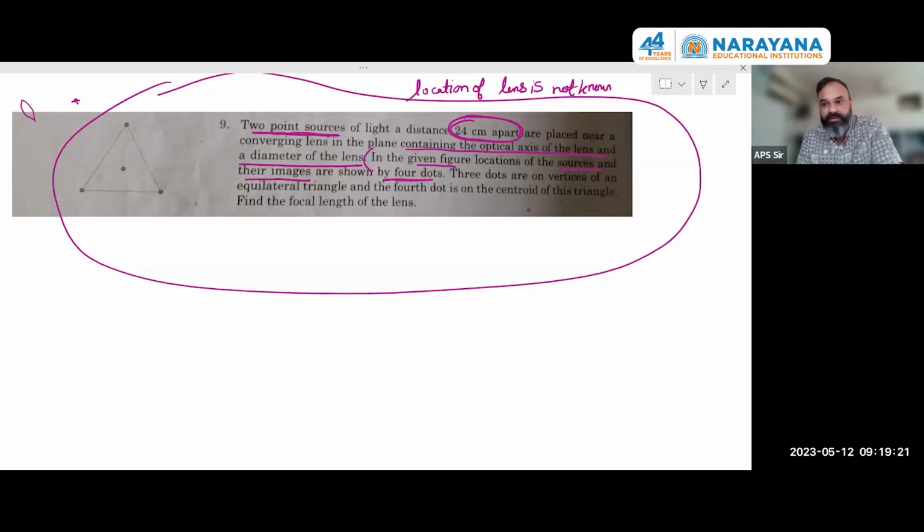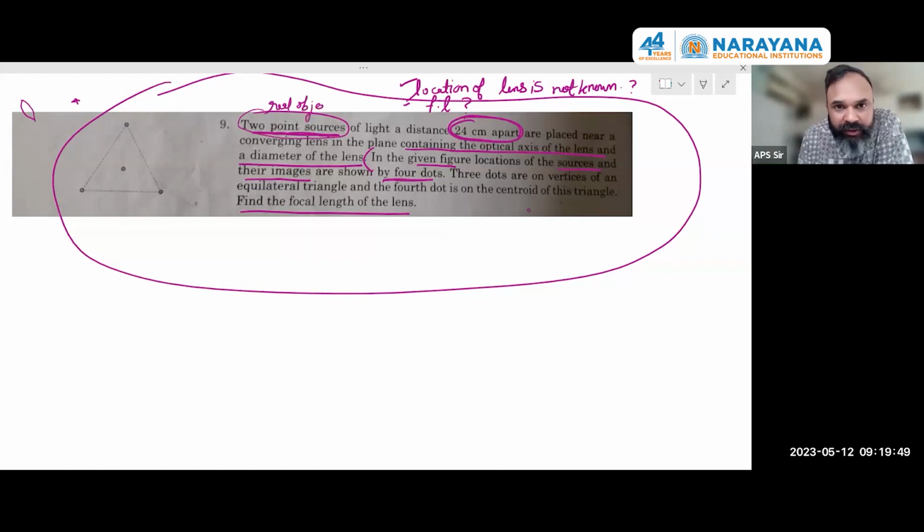So the problem is good. What questions can he ask in this problem? He can fundamentally ask where the lens is for this possible set to be formed. What is the focal length? So my questions can be the location of the lens, or the focal length of that lens. Obviously, there are 2 point sources, so these are real objects.